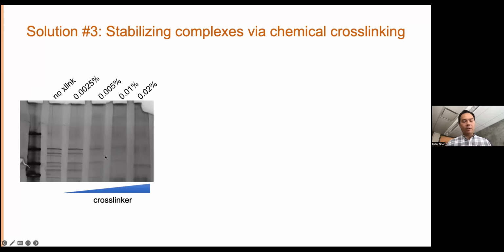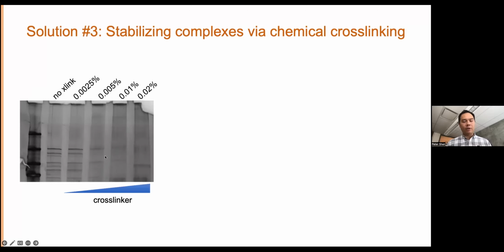And so this is an example from our recent publication. Well, I guess a few years ago now, still recent in my mind. Here in the right two-most lanes, you can compare the cross-linked lane on the rightmost with the uncross-linked lane. This is generally what we strive to achieve: a good mix between cross-linked material, this mass shifted stuff on the top, and then still seeing the original bands for the components of interest.